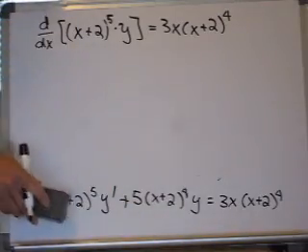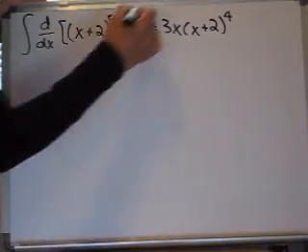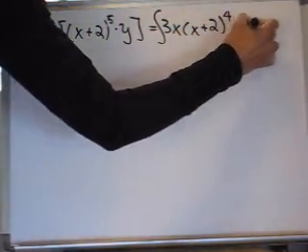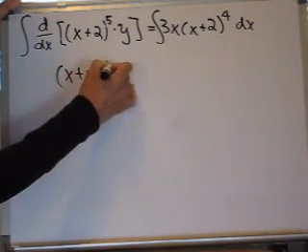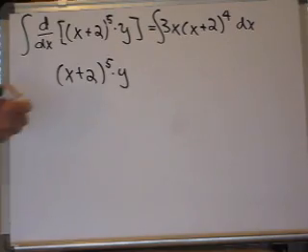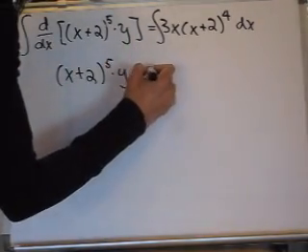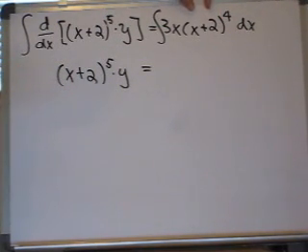Okay, the next thing I need to do, I'm going to erase this, is integrate both sides with respect to x. On the left, I just get x plus 2 to the 5th times y, because I'm taking the integral of the derivative with respect to x. On the right-hand side, there's a little bit of work I have to do, but it's actually going to be simpler if I do a u substitution.